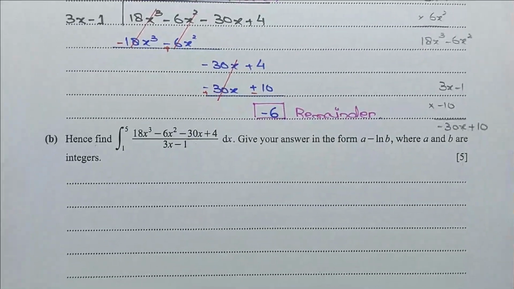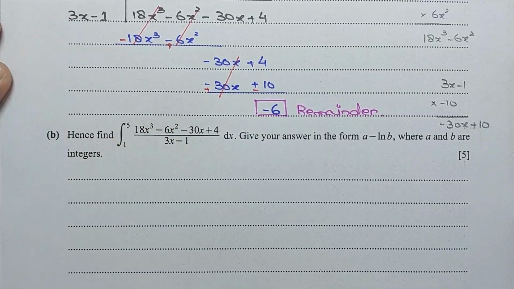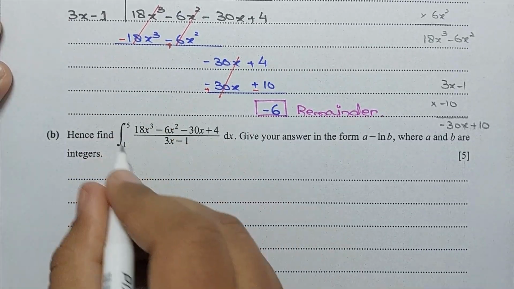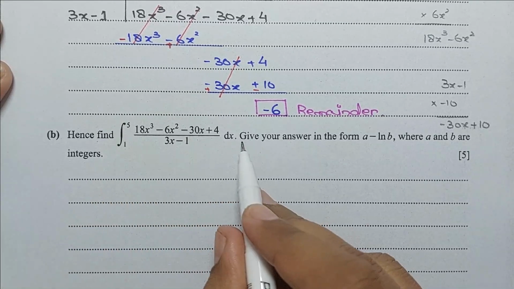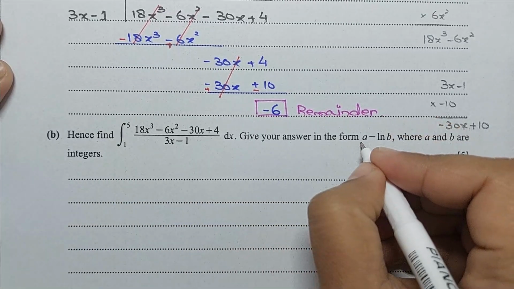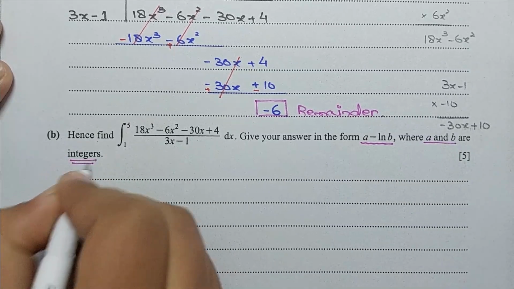All right. Moving to part B, hence. Hence means use the answer from part A. Find the integration of this expression from 1 to 5. Give your answer in the form A minus ln B, where A and B are integers.